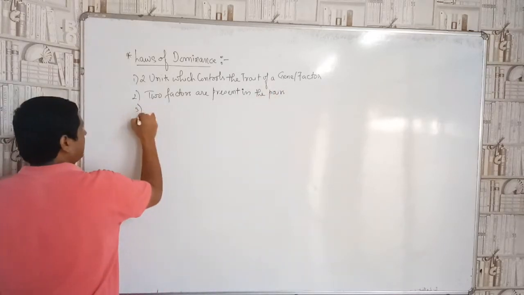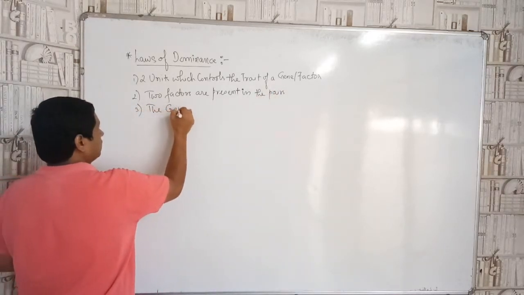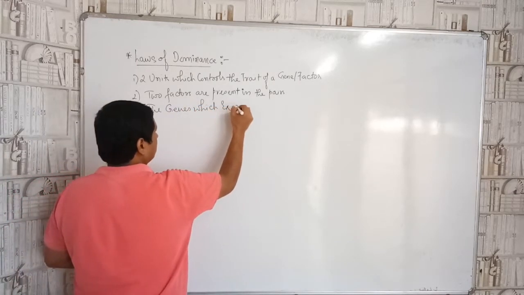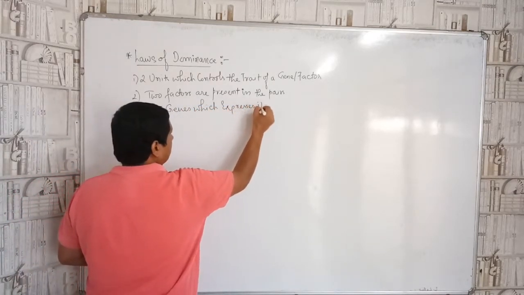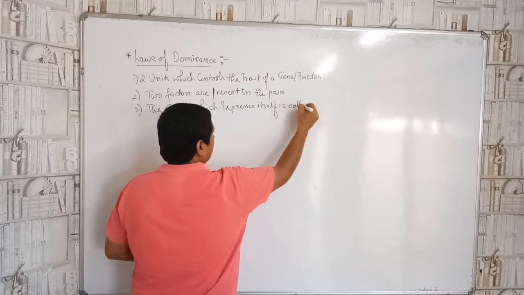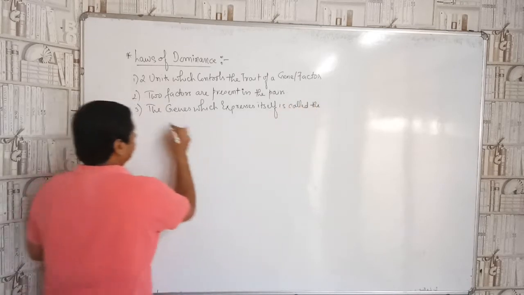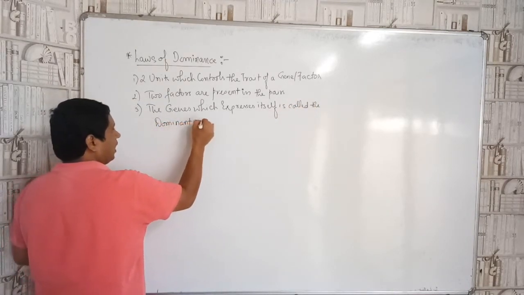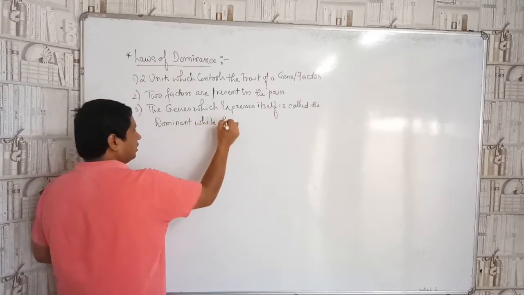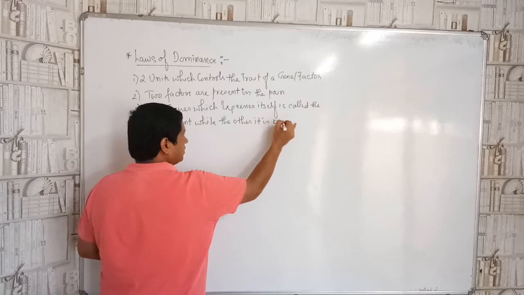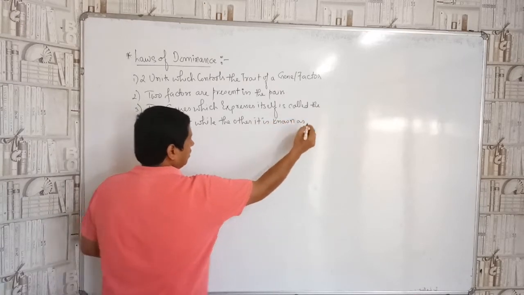And the third one, the gene which expresses itself is called the dominant gene or the dominant factor, while the other is known as recessive.